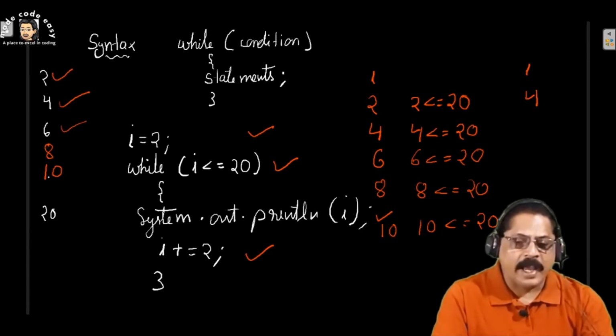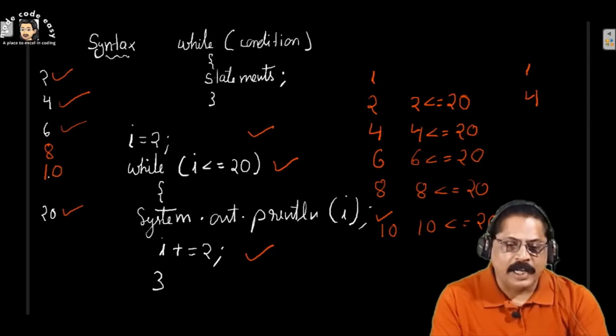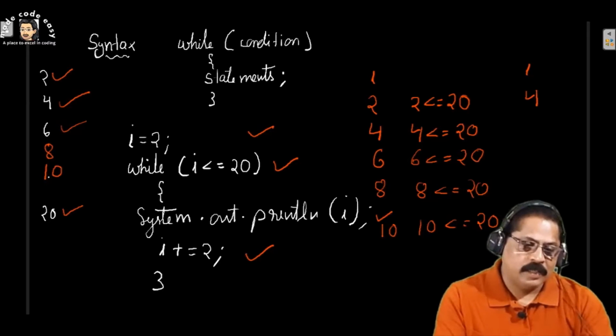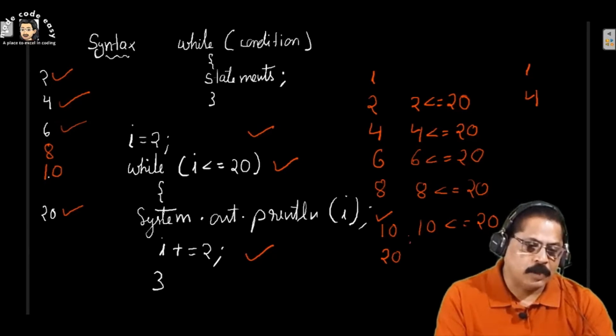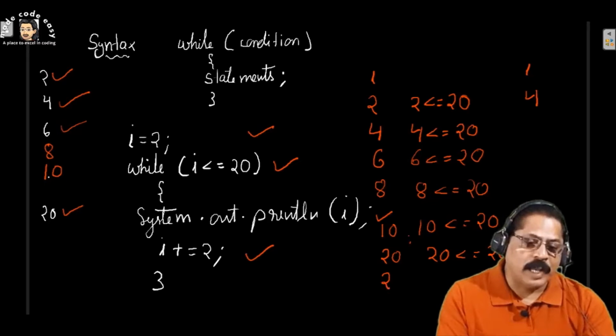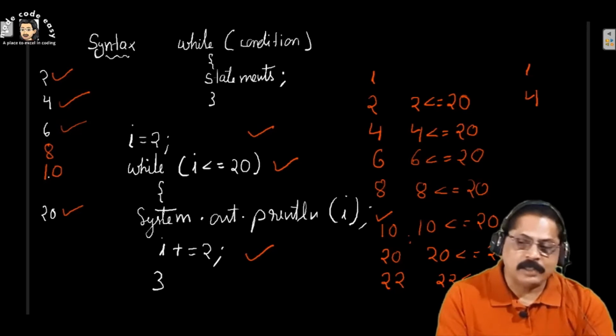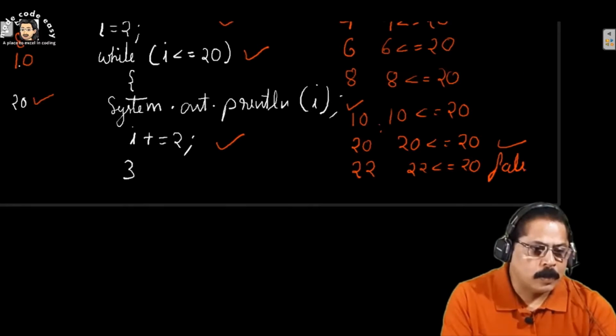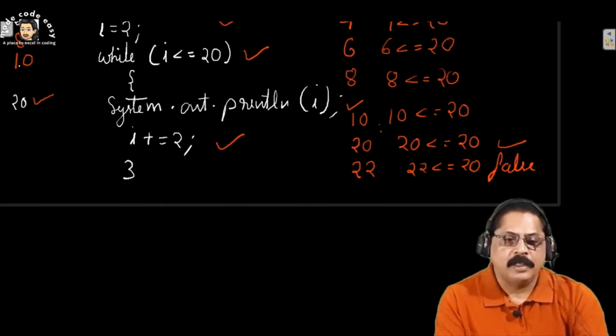So this way up to 20 it will be printed. When it is 20, 20 less than equal 20, condition true, printed. Next the value of i becomes 22. 22 less than equal 20, condition is false. Loop is terminated. You understood?